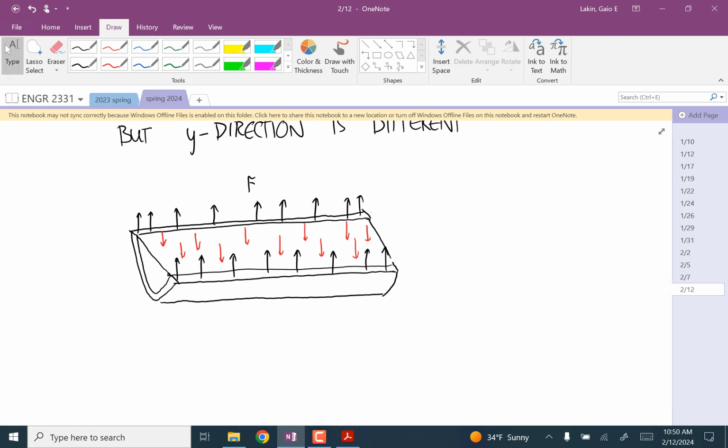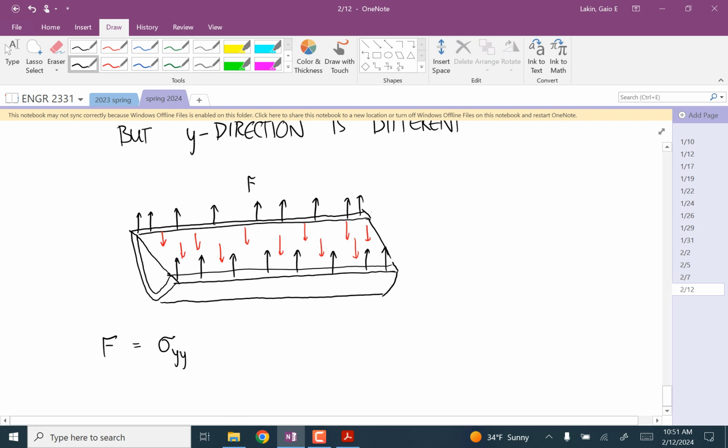Okay, so let's calculate these forces. This force F is the YY stress times the total area of material that's resisting this pressure force.